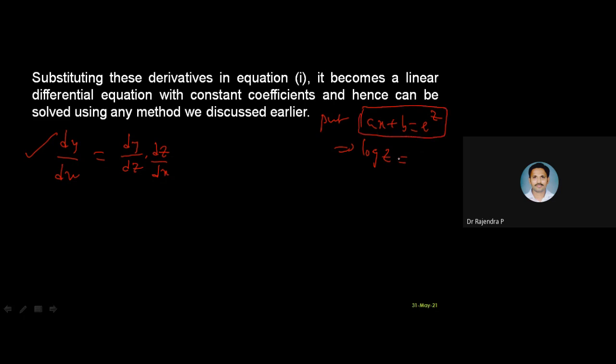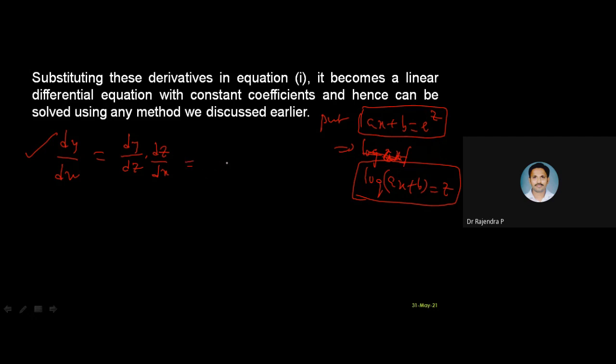From this, log of ax plus b is equal to z into log e, that will be z only, since the value of log e is 1. Understood? This substitution you have to keep in mind always.